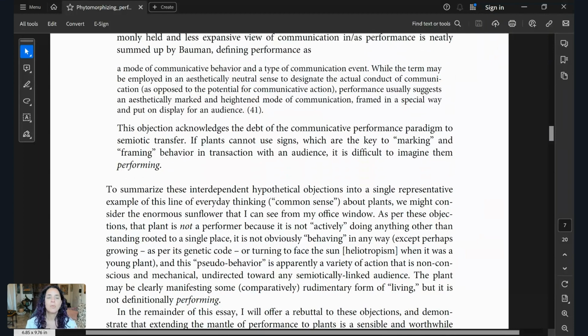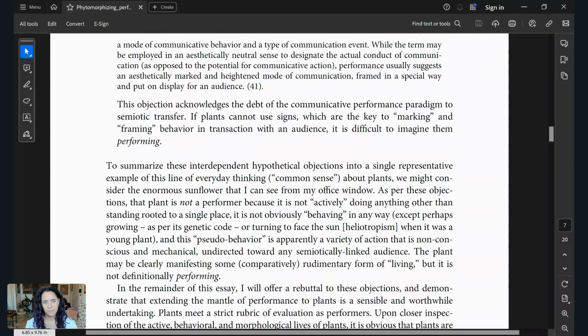While the term may be employed in an aesthetically neutral sense to designate the actual conduct of communication, as opposed to the potential for communicative action, performance usually suggests an aesthetically marked and heightened mode of communication, framed in a special way and put on display for the audience.